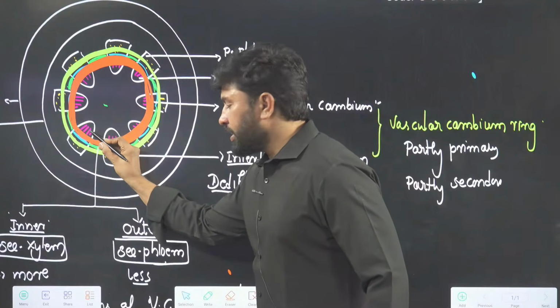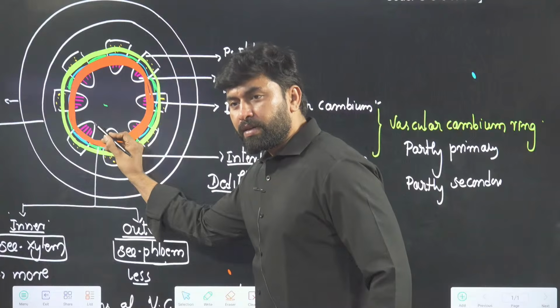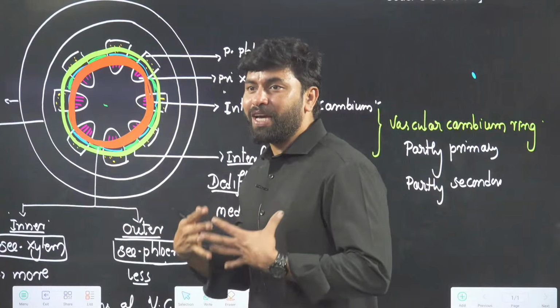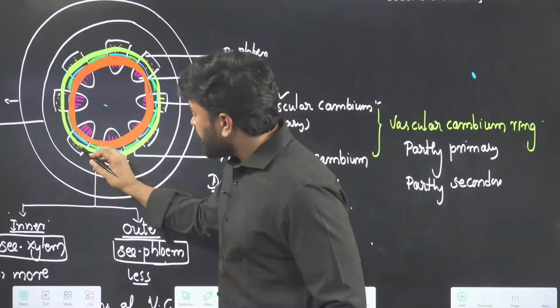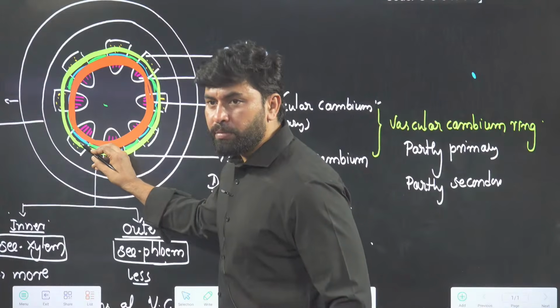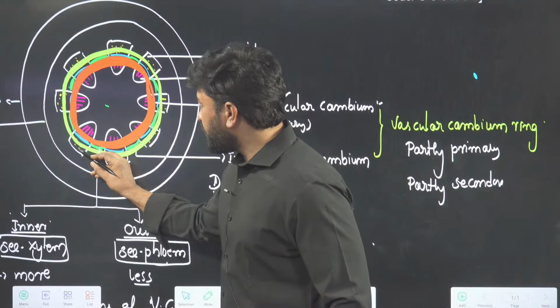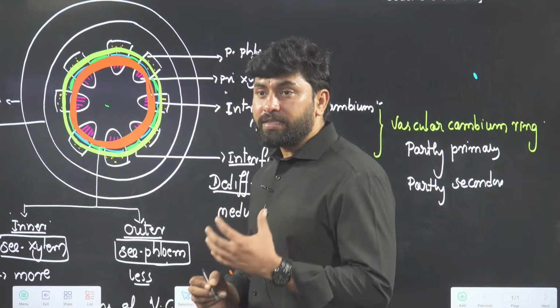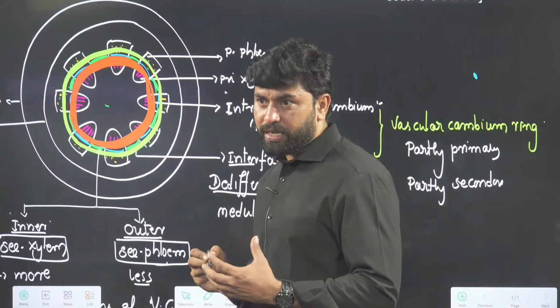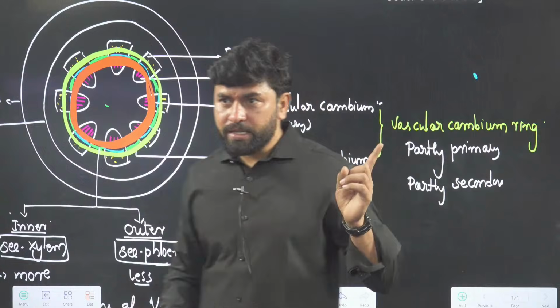Inside it, who is there? Primary xylem. That primary xylem's fate we have to decide. You can notice outside the secondary phloem, there is a presence of primary phloem. What is the fate of primary phloem and secondary phloem? We have to decide now. That's why I am writing that diagram.